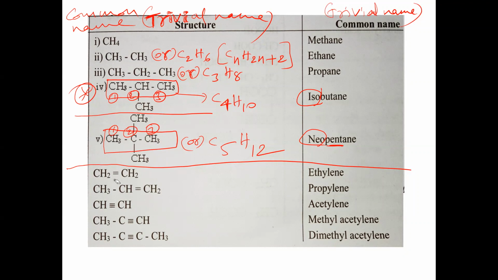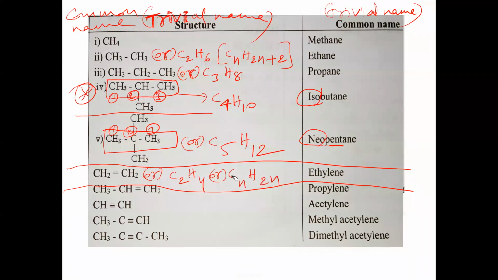And CH2 double bond CH2. What is the IUPAC name of this? Tell me. Here, first tell me the formula. C2H4 only. It is similar to which general formula? CnH2n. Here the number of carbons is n, and double the number of carbons will be the hydrogen number.